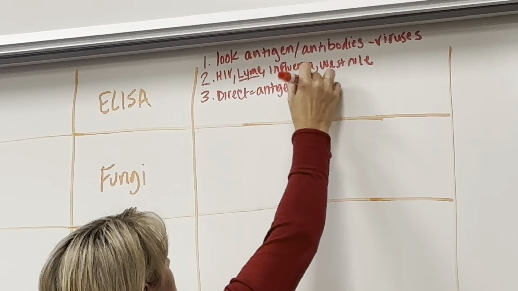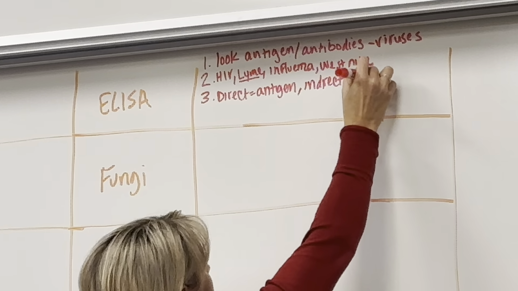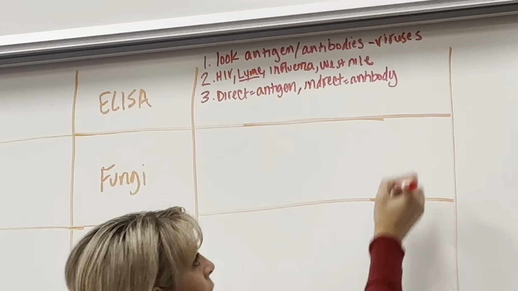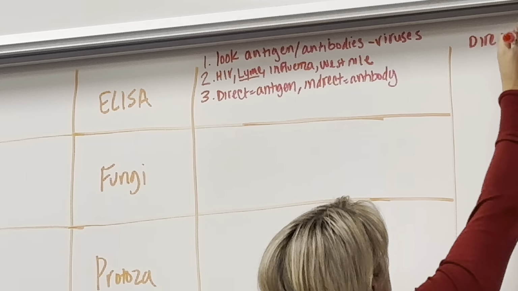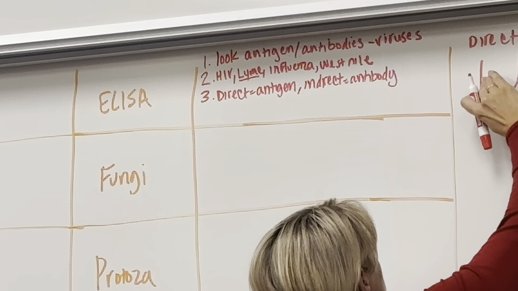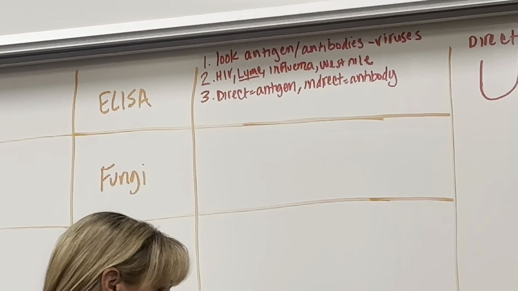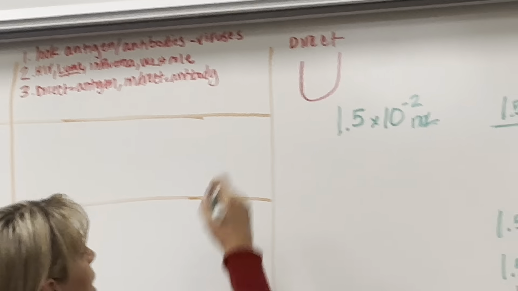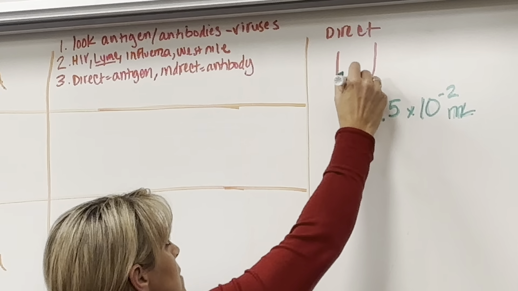Indirect, you look for the antibody. Let's draw those out really quick. So direct is going to be from the patient. Let me make the patient's a different color. So here's the patient's antigens.